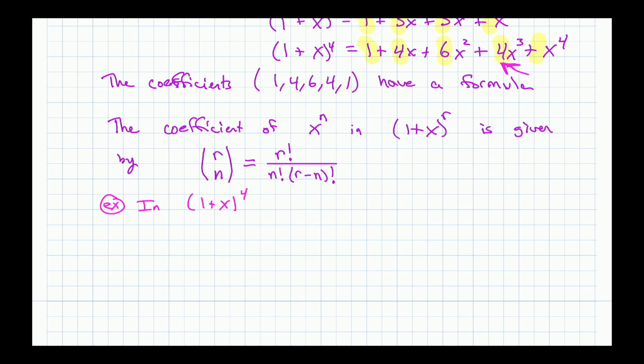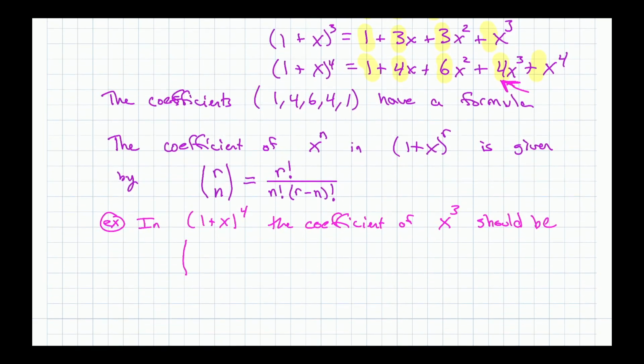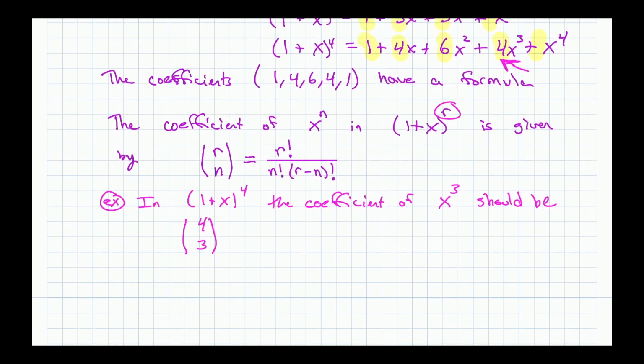The coefficient of x to the 3 should be, according to that formula, r choose n. So r is on top, r is the exponent there, so r is a 4 for us. The n is on bottom, that's the exponent on the x, so that's a 3. So this is what it would be, 4 on top, 3 on bottom.